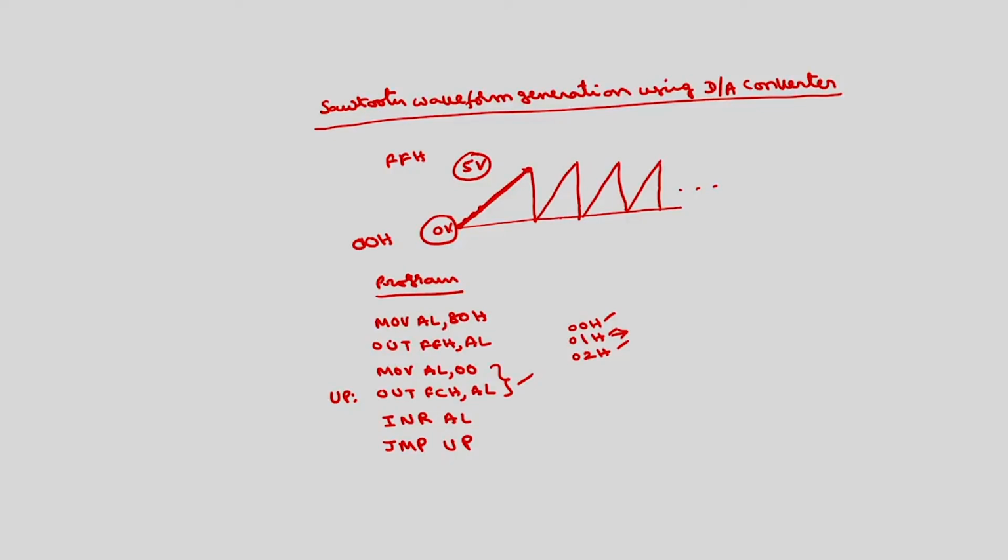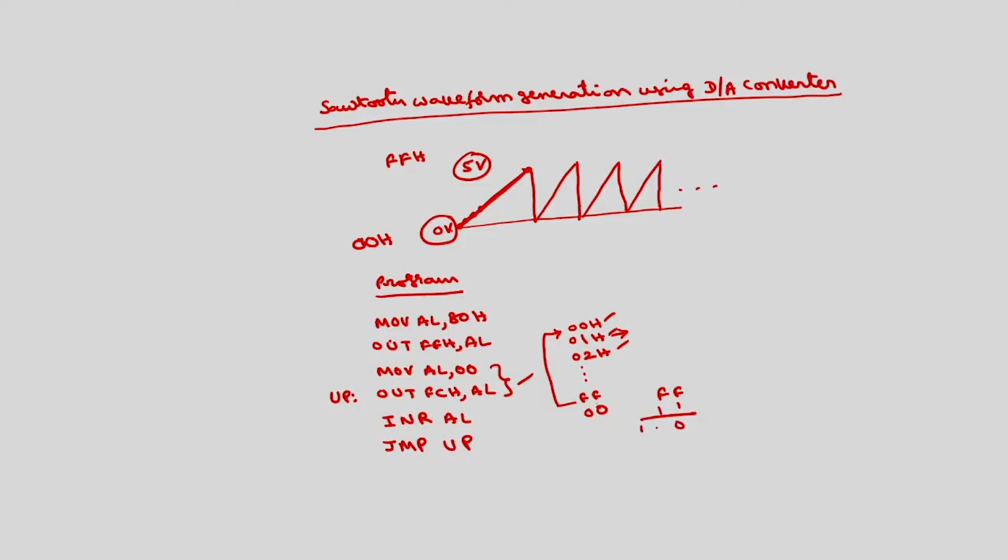It will go to 5 volts. Here this 00 will go up to FF. If I increment FF further, it will become 00. It means this will go to the starting value, and again this will continue in a loop. If I add 1 to FF, the carry flag will be set, but the result in AL will be 00.